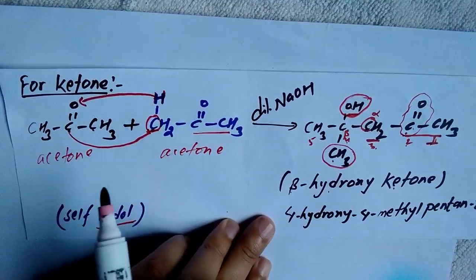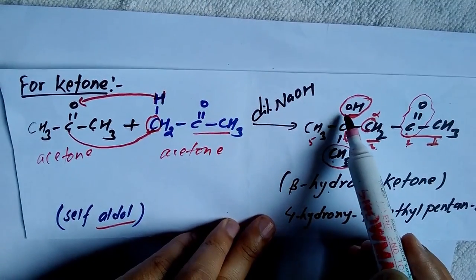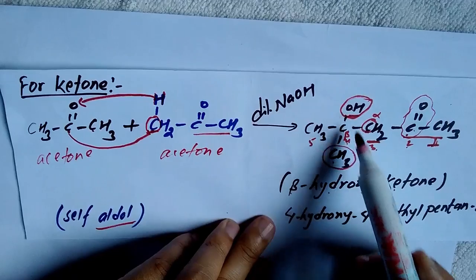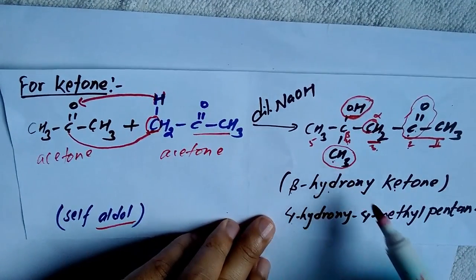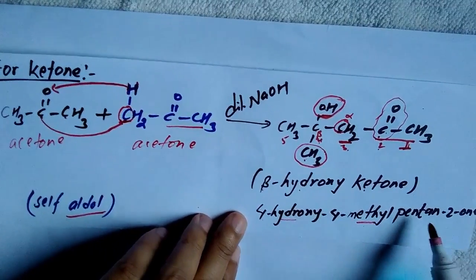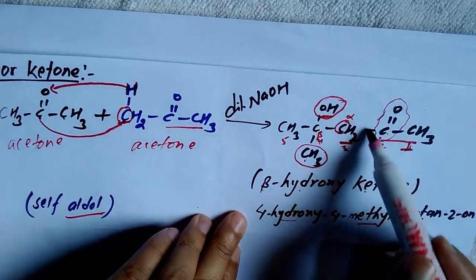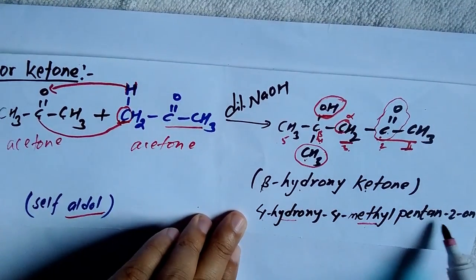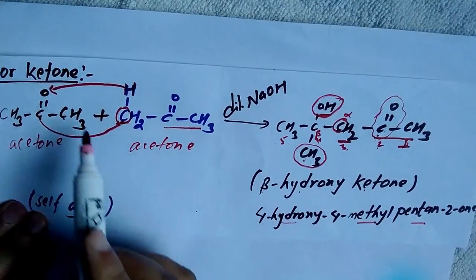This is the substituent. So first of all we have to write the hydroxy group due to the priority order of hydroxy group. So 4 hydroxy 4 methyl pentane, 1 2 3 4 5 pentane, 2 one, so pentane 2 one. This is the self aldol condensation for ketone.